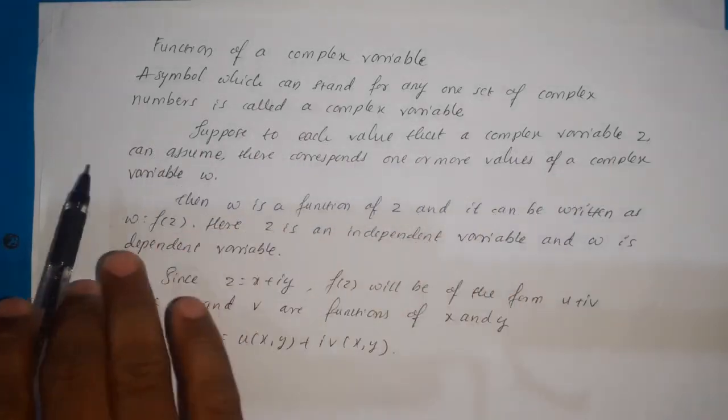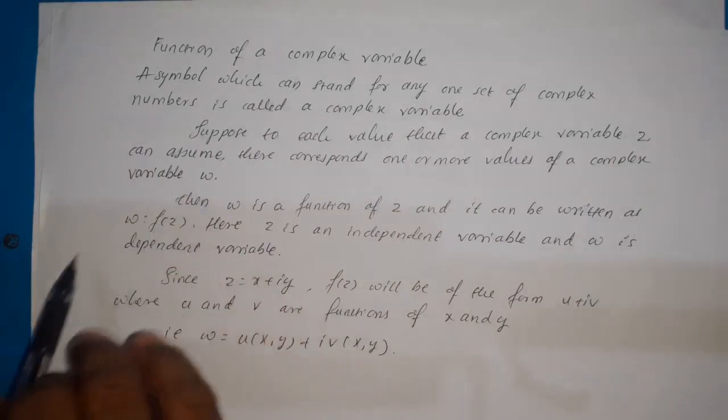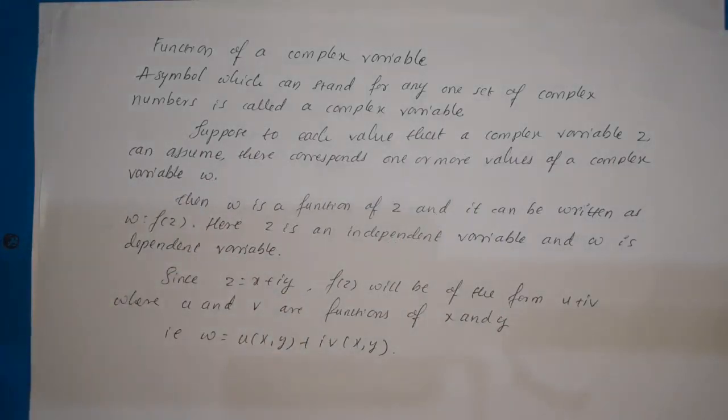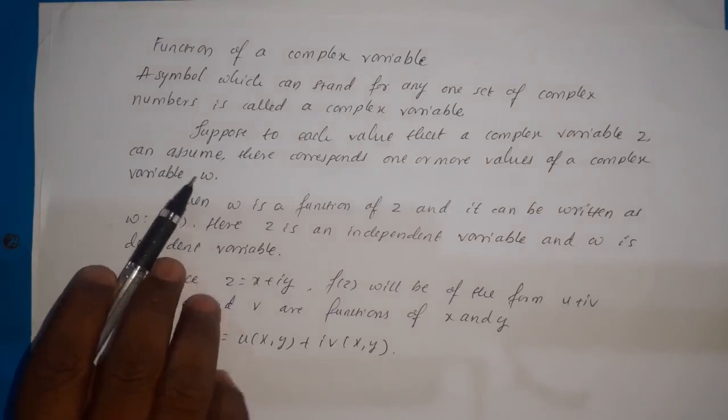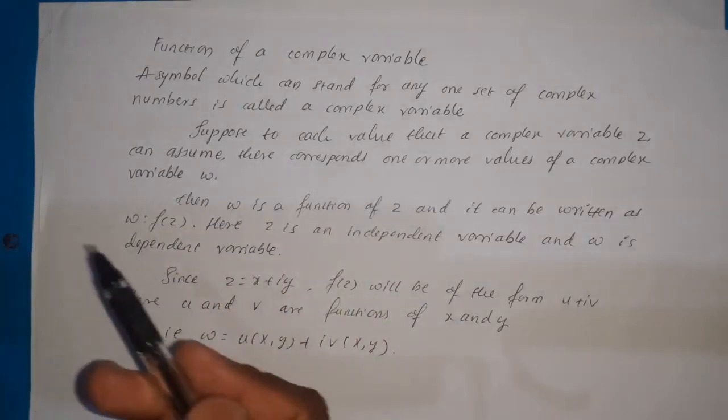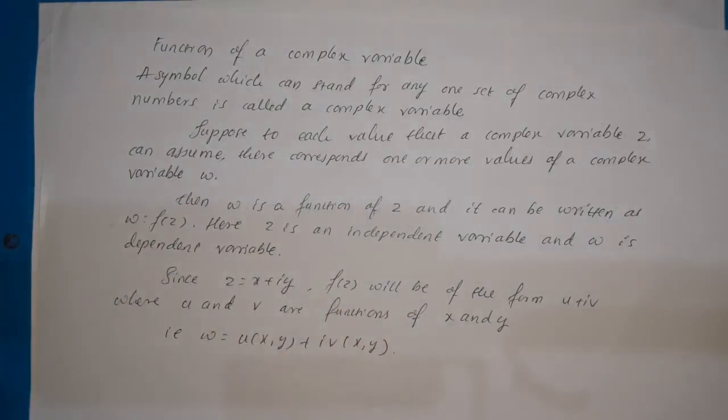Now suppose to each value that a complex variable z can assume, there corresponds one or more values of a complex variable w. And z equal to x plus iy is a general complex number. By giving x and y some particular values, we get different complex numbers. So suppose w is equal to 2 plus 3i, then w is equal to 3 plus 4i, w is equal to 5 plus 6i, and so on.